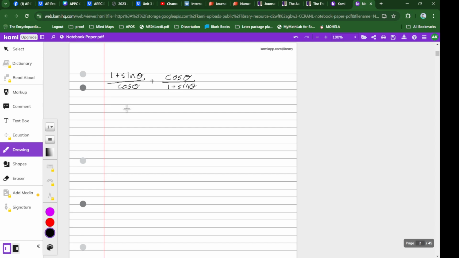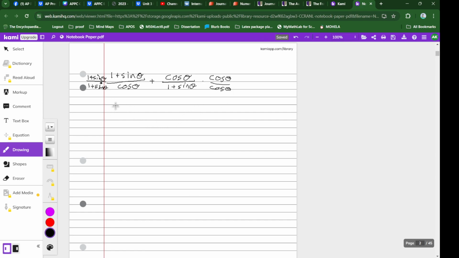So if I'm using that, that means I'm going to multiply this side by 1 plus sine theta over 1 plus sine theta, because I need to multiply by 1 to not change anything. And this one I'm going to multiply by cosine theta over cosine theta.